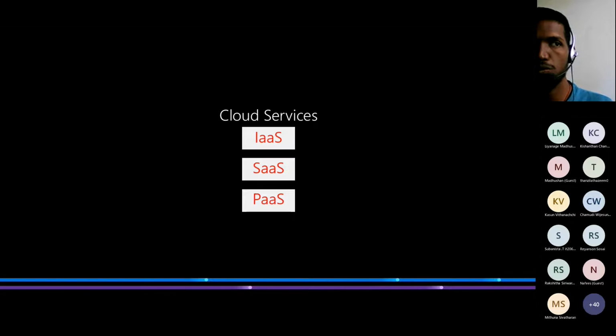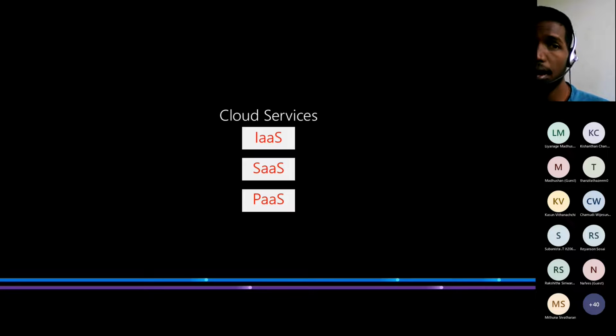When you are buying hardware with a virtual machine, they own all the hardware resources. That's basically infrastructure as a service.